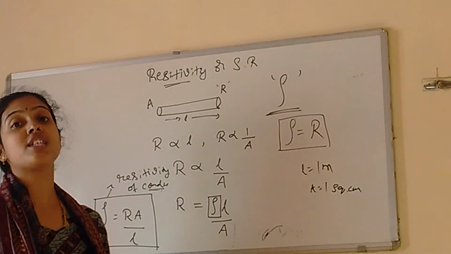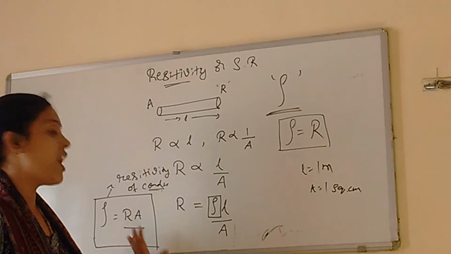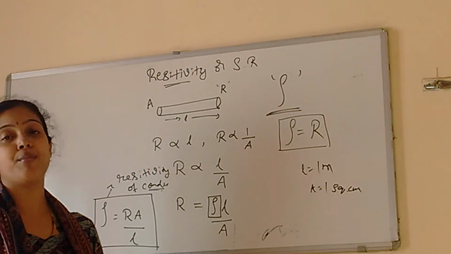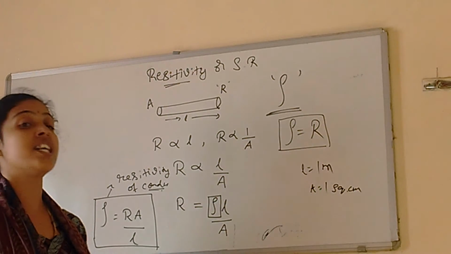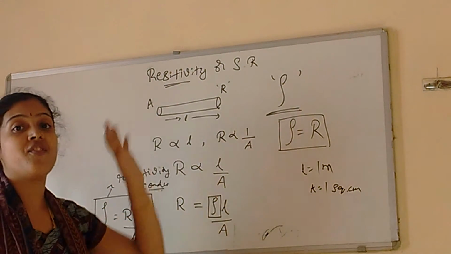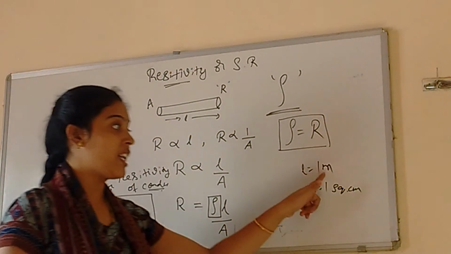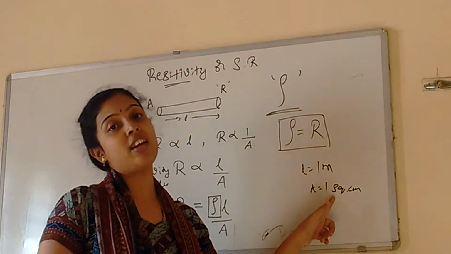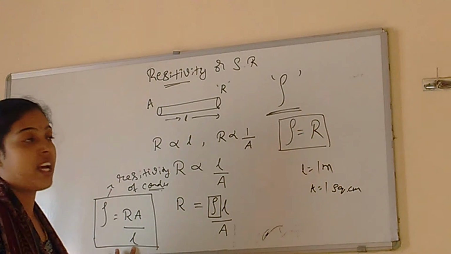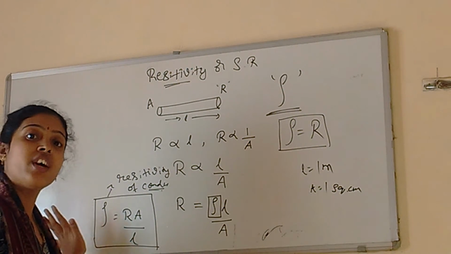If in the exam they ask you to define resistivity and give an equation, you have to write: resistivity of a conductor is defined as the resistance of that conductor when the conductor is 1 meter length and 1 square centimeter area, and the equation is rho is equal to RA by L.